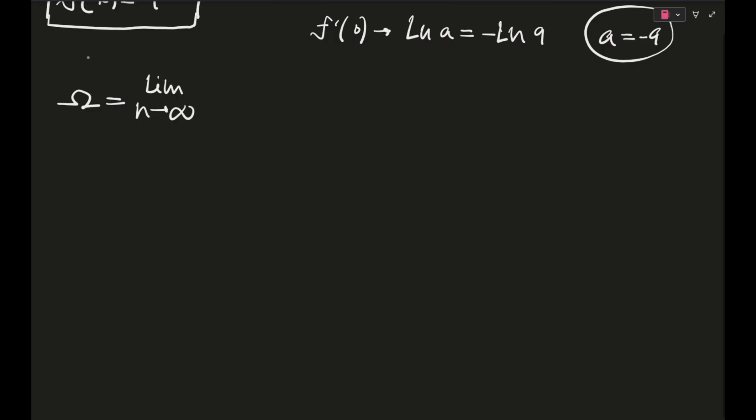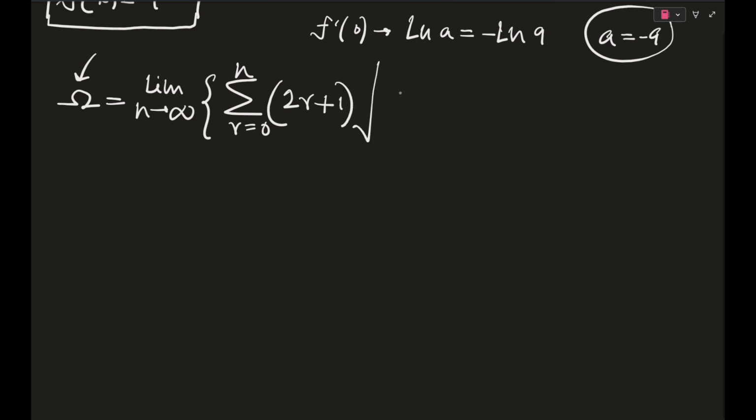And sorry, this is not sigma actually, this is ohm, okay? Everywhere ohm is used, I don't know why these people are so obsessed with electricity. Anyways. So this is your limit n tends to infinity, and this will be sigma r equals 0 to n, 2r plus 1.